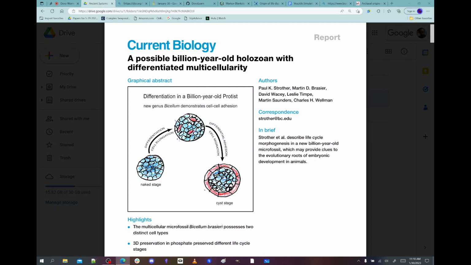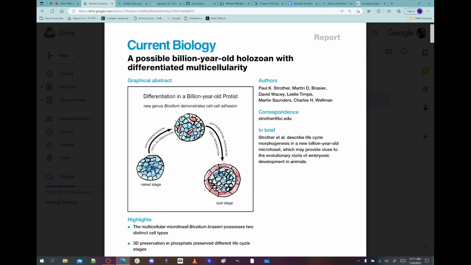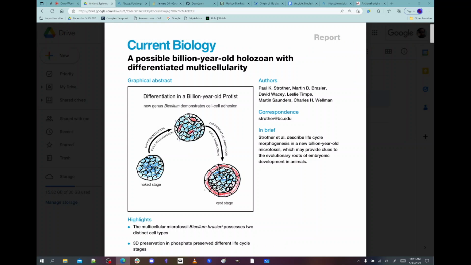But in this cell elongation stage, you get these elongated cells, and then you get differential adhesion and cell migration within this mass, and you end up with a cyst stage. So this is the life cycle morphogenesis of this billion-year-old microfossil, which they found, that actually may be key to the origins of embryonic development.